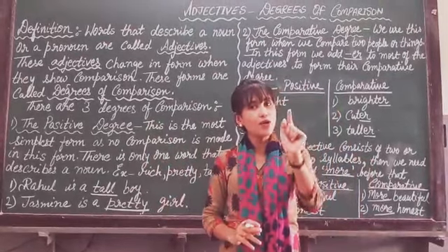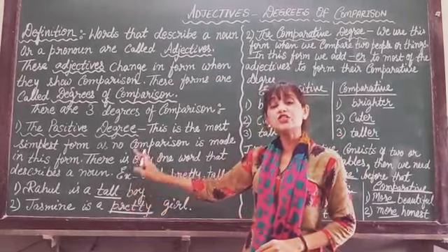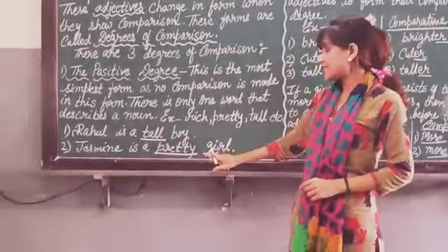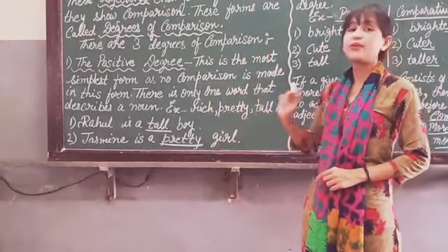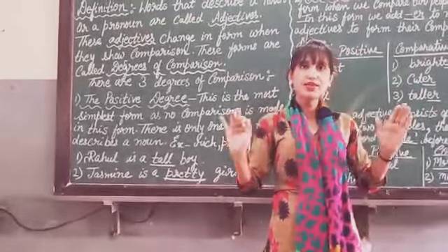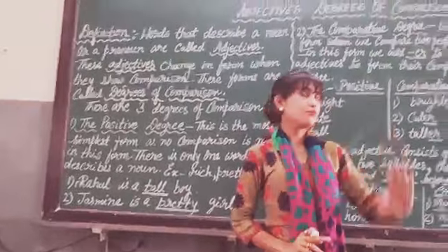There is only one word which is describing the noun. In the first example, tall is the only word describing the noun boy. In the second sentence, pretty is the only word describing the girl. Hence, the positive degree is the simplest. There is no comparison and only one word describes the noun.